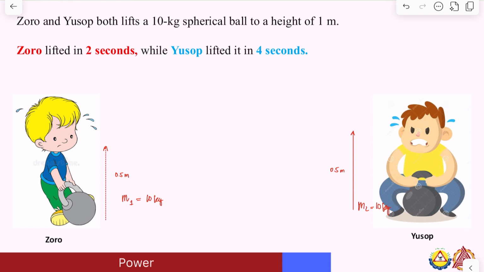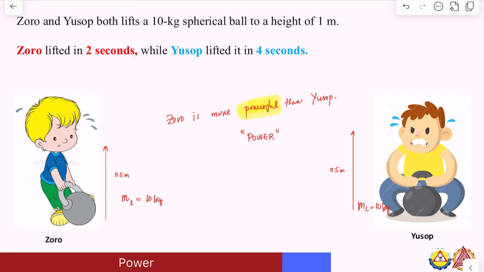Now in this case, class, what we will say is Zoro is more powerful, in a more colloquial term, more powerful than Usopp. So what do you think is power, or how does this situation tell us about what power is? So power, or let's say power in physics.